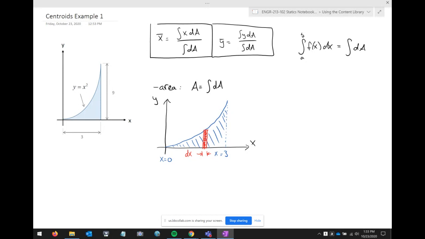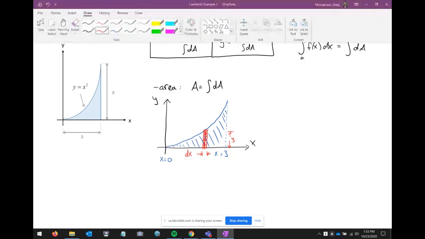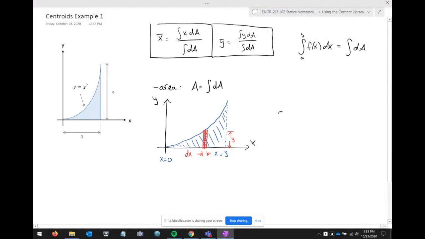What about the height? How far is it from the x-axis to the top of the rectangle? This dimension is y. So if I'm looking at this dA term, I propose it equals y dx.